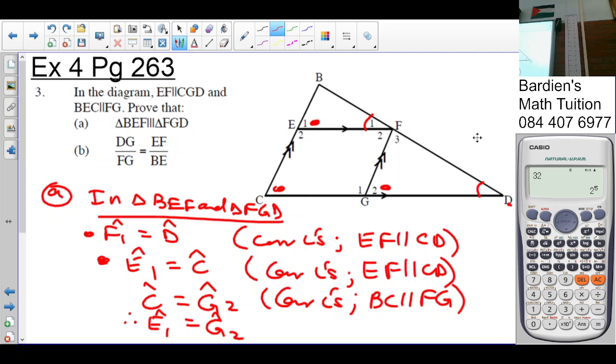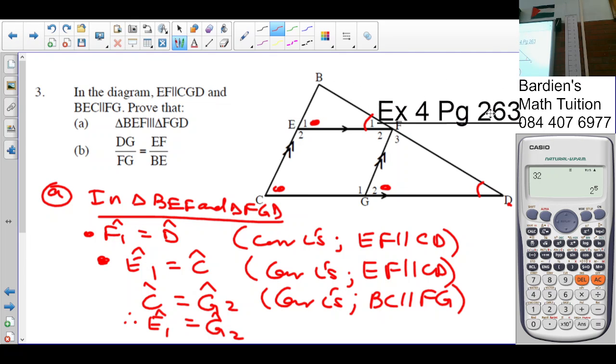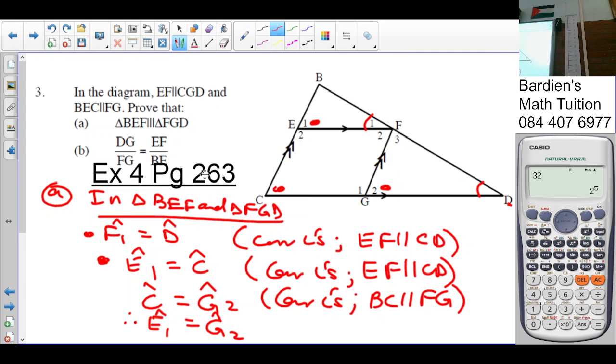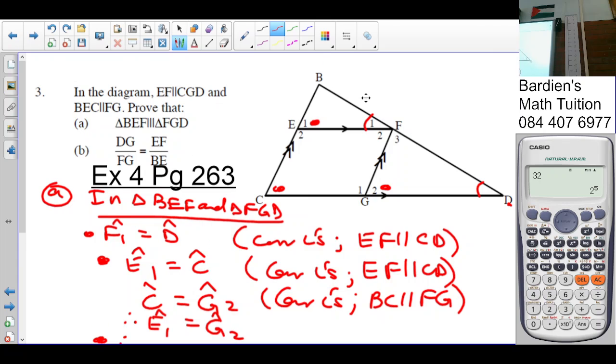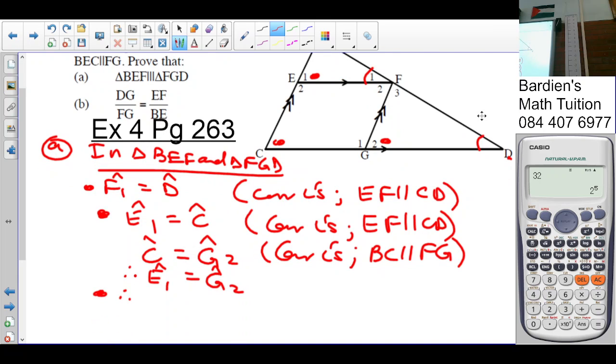Okay, you guys understand? And then thirdly, we can conclude that therefore, the other angle that we didn't speak about yet, F3 and angle B. So angle F3 is equal to angle B. Why?